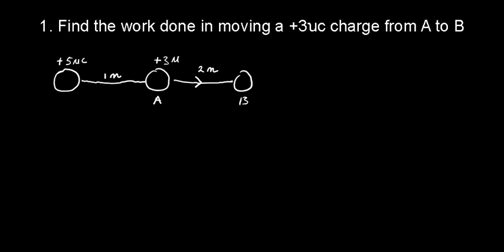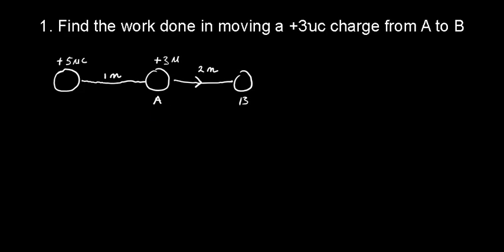So we are moving this test charge, 3 microcoulombs, from this point A to point B. So we are going to find the work done. Remember, we are moving it from A to B.